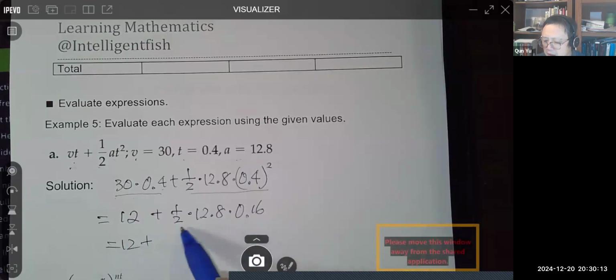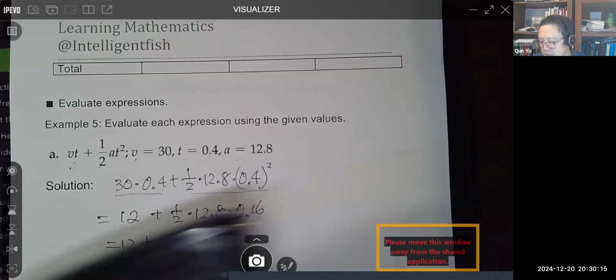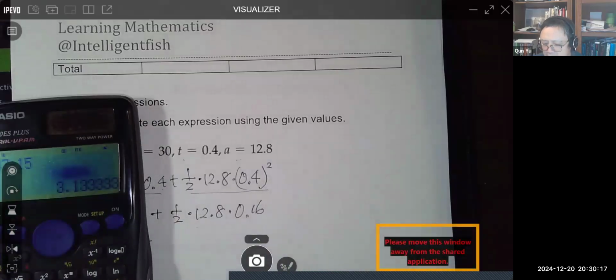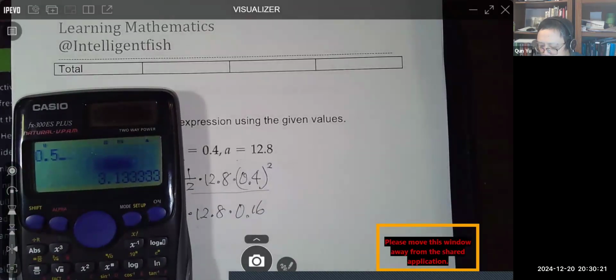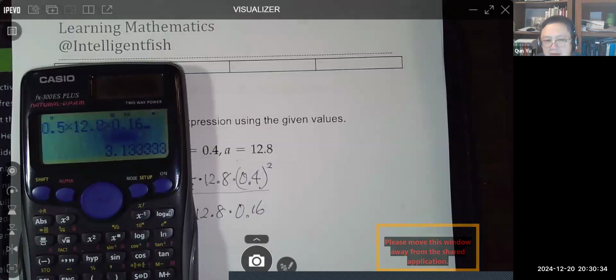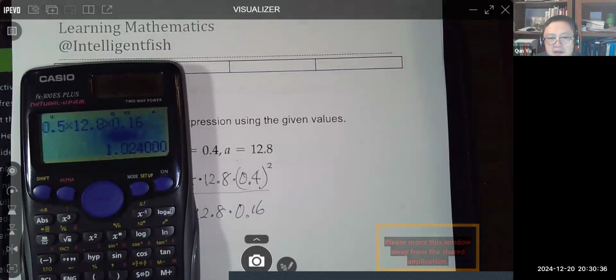Now I'm going to multiply all of the three together. Half itself is 0.5. So 0.5 times 12.8 times 0.16. Yeah, that's right. Equals 1.024.